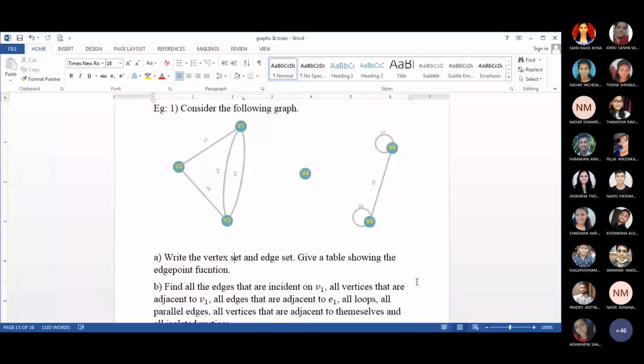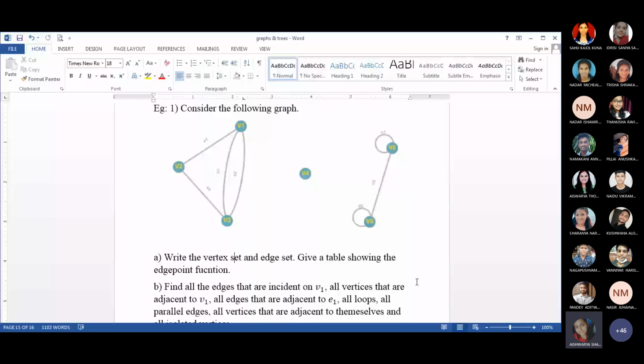Okay. Next, edges that are adjacent to E1. Now, edges that are adjacent to E1, that means जिसका end point is common with end points of E1.